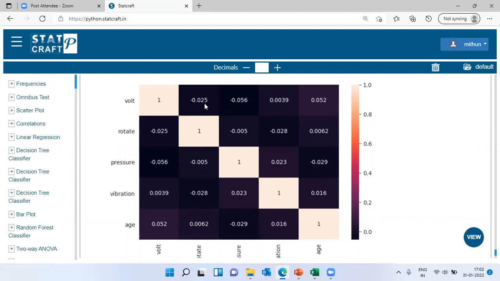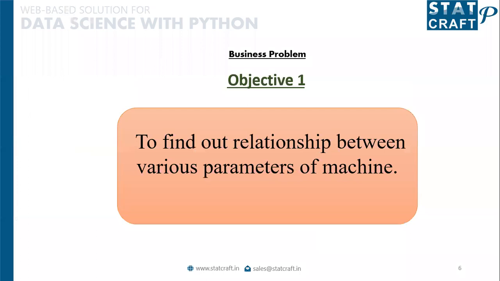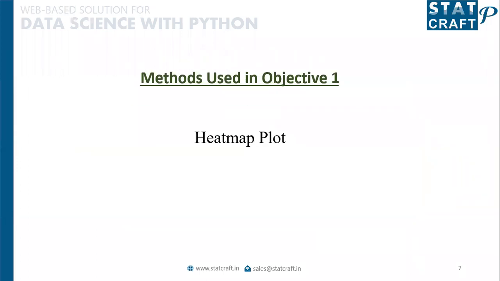And if the value is close to 1, it means that there is a positive relationship between the variables. To interpret this heat map, I'll take you back to the PowerPoint. This is the objective. The technique that we have used here is heat map plot.